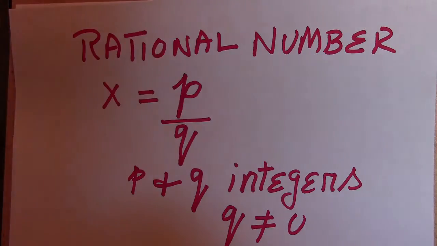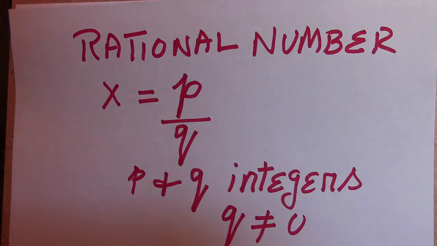A rational number is a number that can be expressed as a fraction of two integers, where the denominator and the numerator are integers, and the denominator does not equal 0. Many examples of rational numbers.